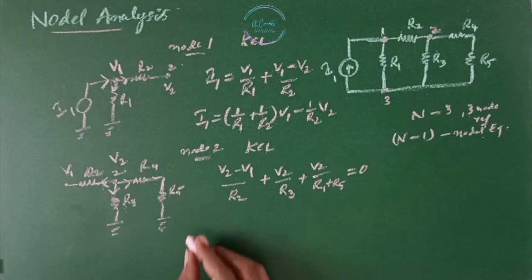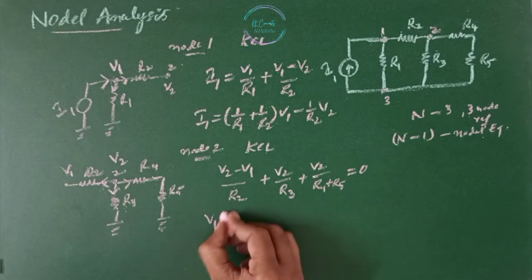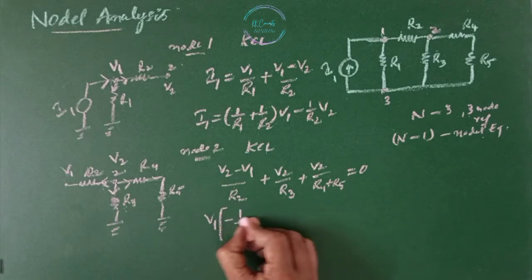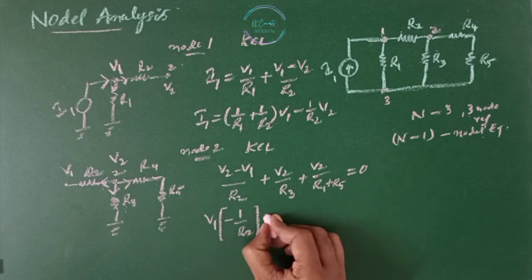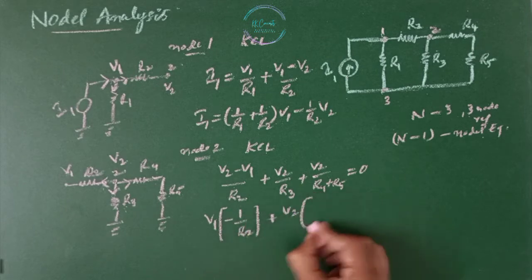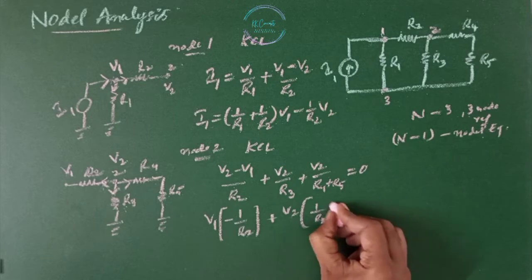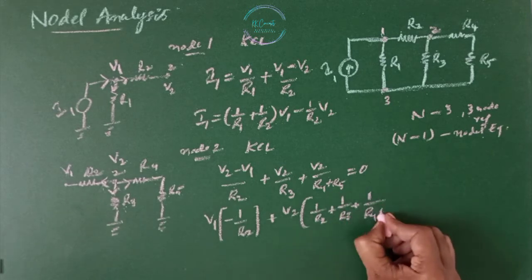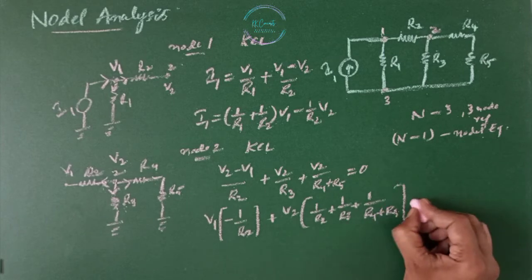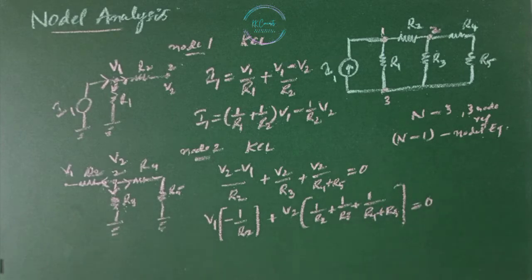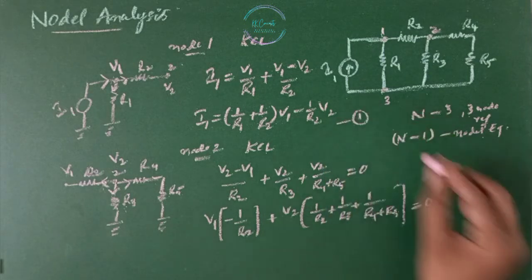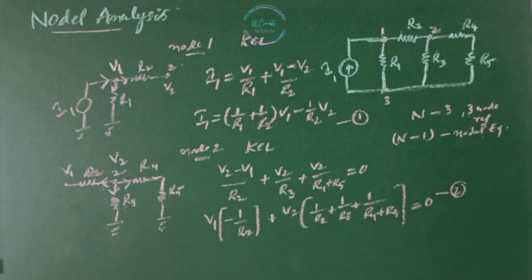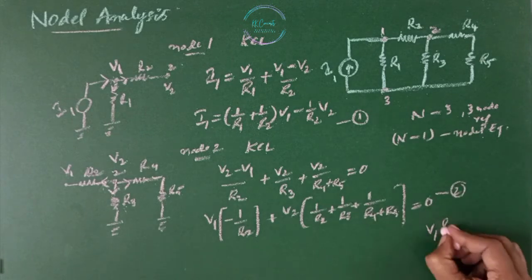If you simplify this, you get minus (1/R2) V1 plus (1/R2 + 1/R3 + 1/(R4+R5)) V2, which equals 0. Now, by solving these two equations, 1 and 2, we are going to get the node voltages V1 and V2.